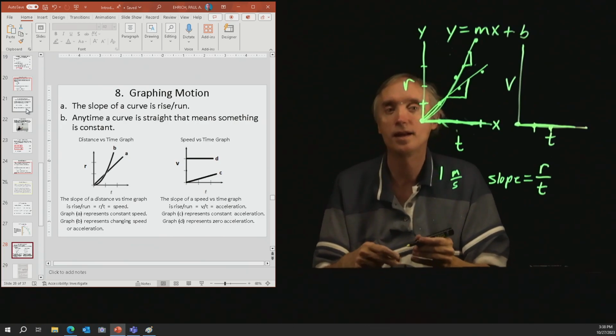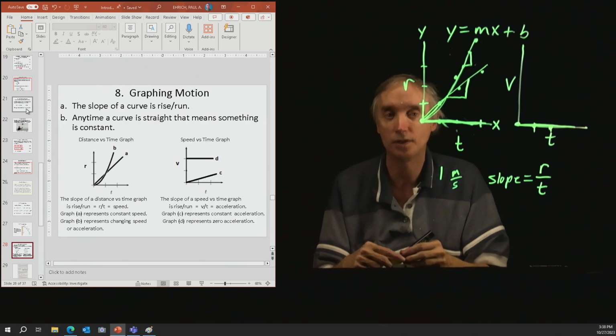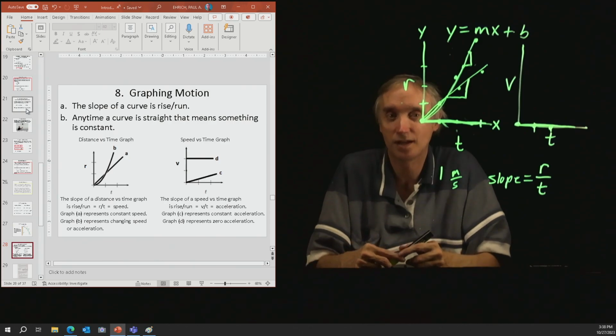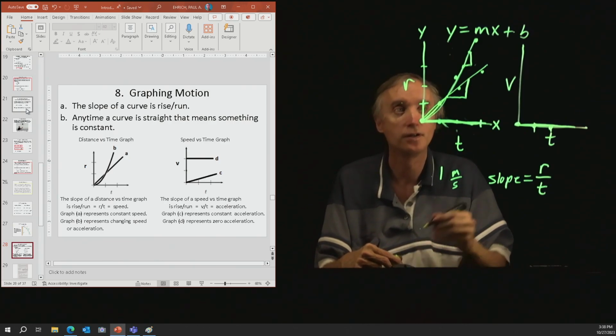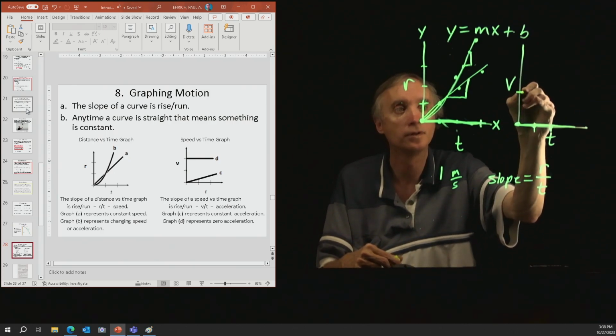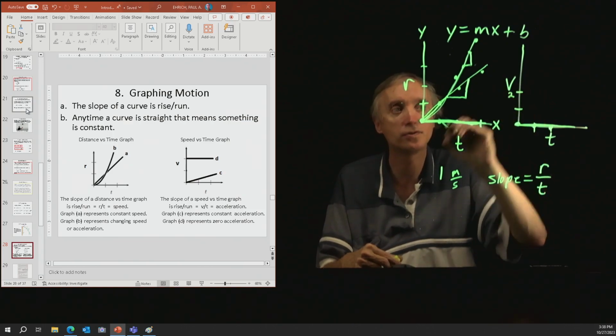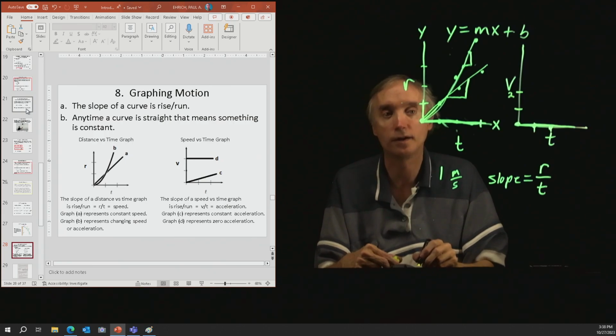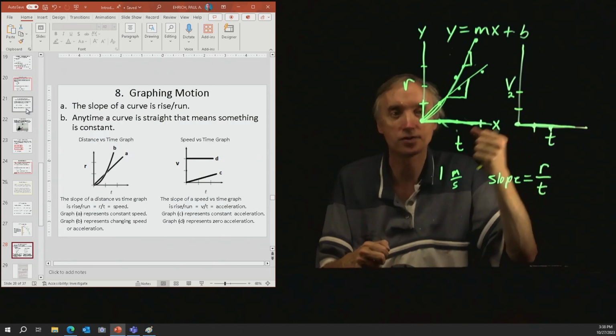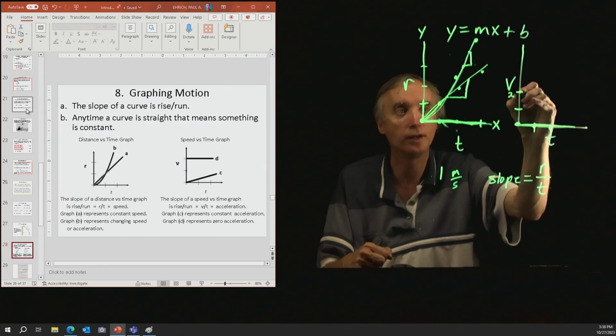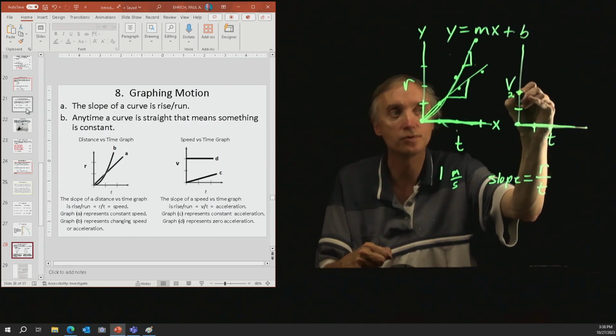So now let's say it has a constant speed. Let's say 2 meters per second. So we would go up here, so this would be 1 meter per second, and let's just say that's 2 meters per second right there. So when you click your stopwatch, it would be going at 2 meters per second.